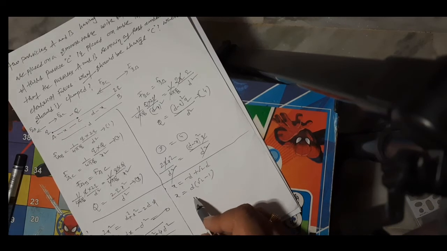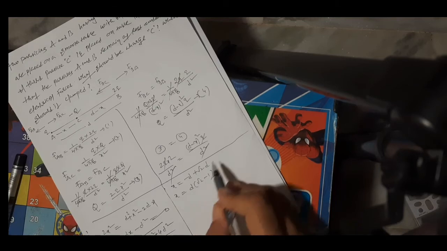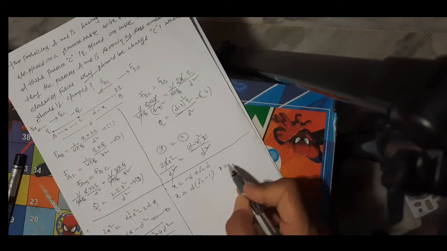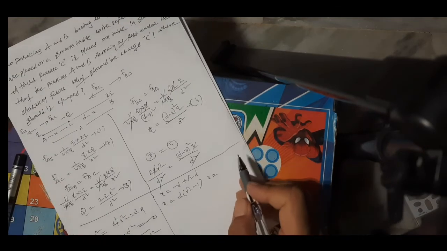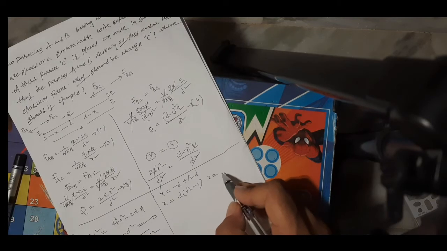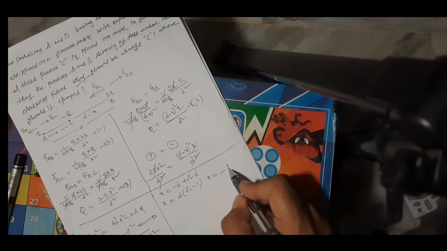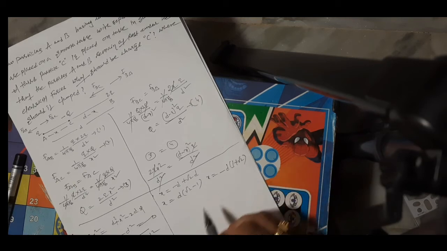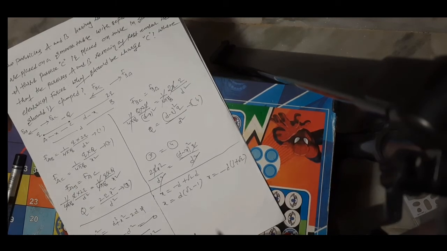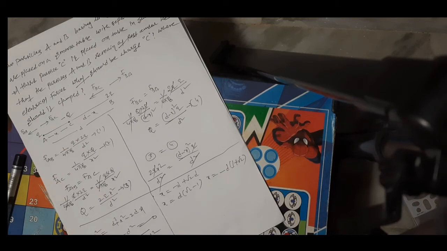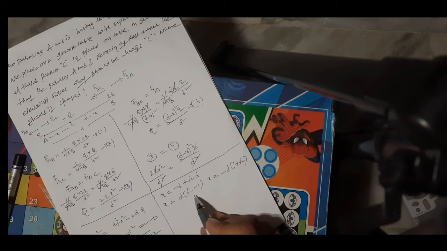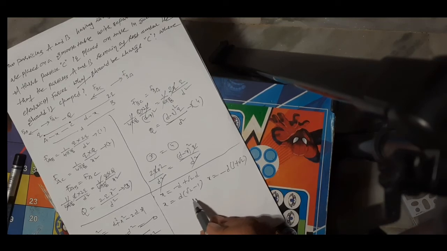That is the position of the charged particle. Next, if we take minus, x is equal to minus d into 1 plus root 2. These are the two values of x.